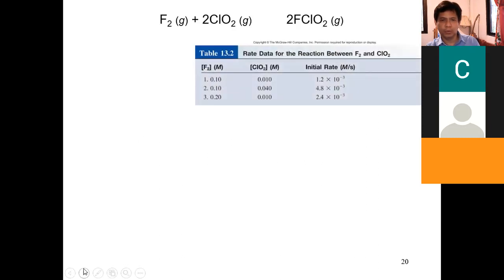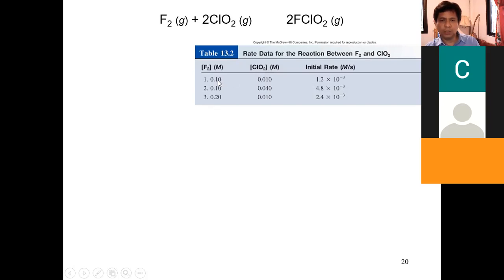Let's try to solve this illustrative problem. So let's consider the data for the reaction of fluorine gas F2 with chlorine dioxide, ClO2.